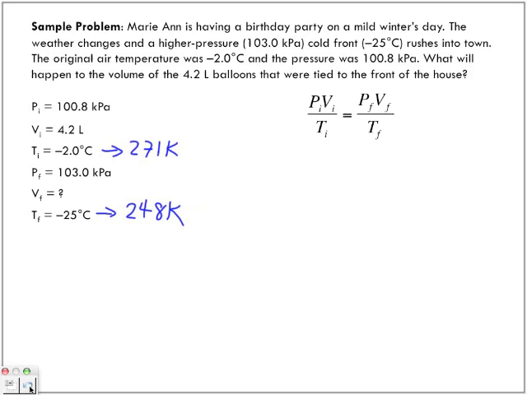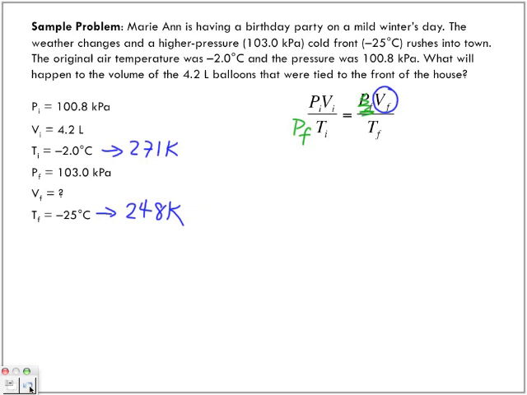Okay. So we have units for all of them except for the final volume. So what we want to do is move our final temperature to the opposite side of the equal sign. We want to move the final pressure to the opposite side. The final pressure, we're going to move it to the other side because it's in the numerator. Once we move it across the equal sign, it comes down there.